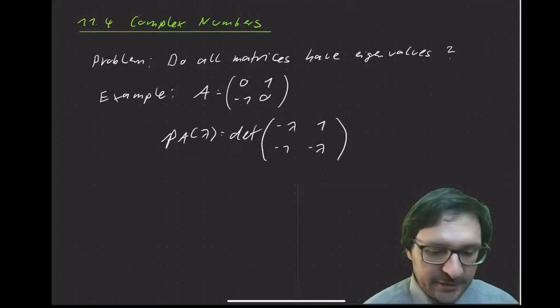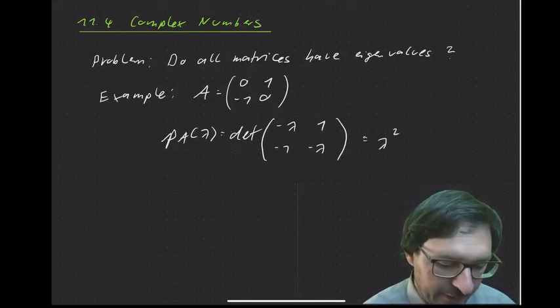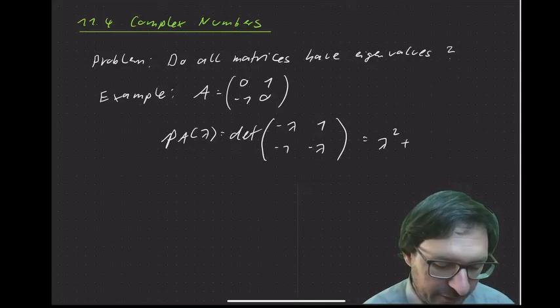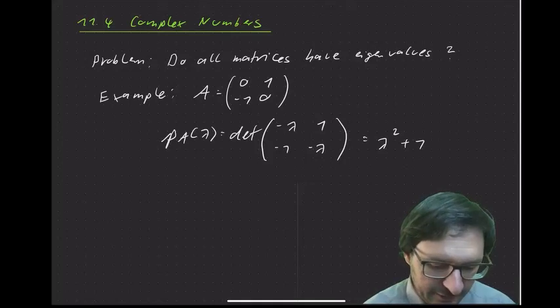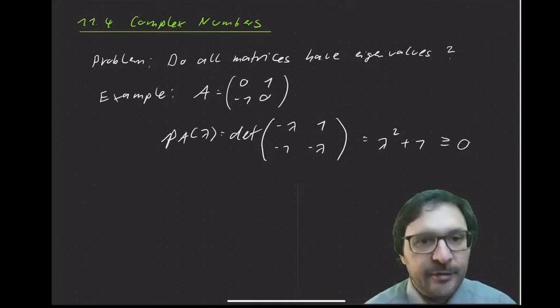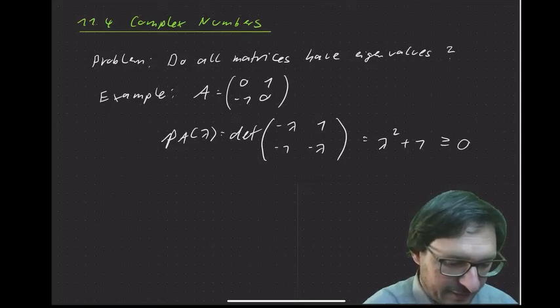That determinant can easily be computed. That is lambda squared minus minus 1, so plus 1. And as you can easily see, this polynomial does not possess any real roots, right? So that is greater or equal to 0, or more specifically, it's even greater than 0.